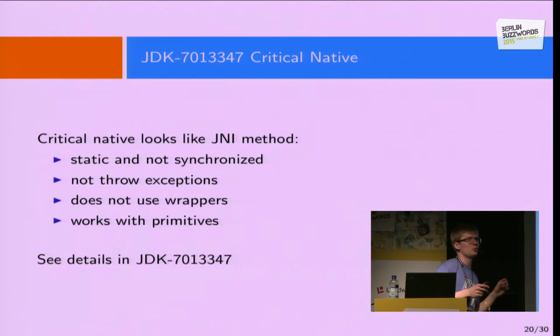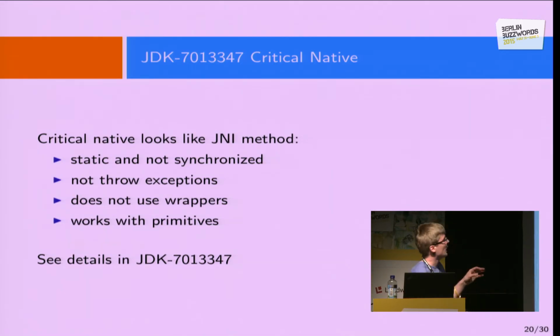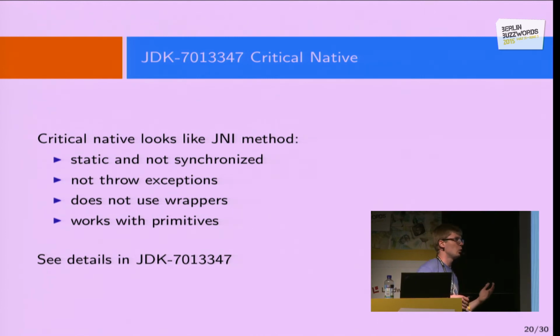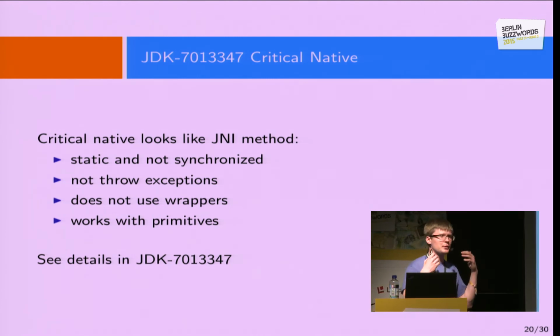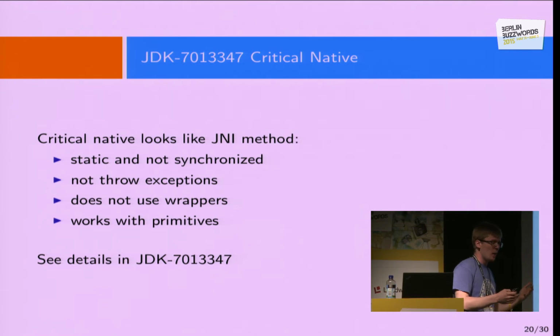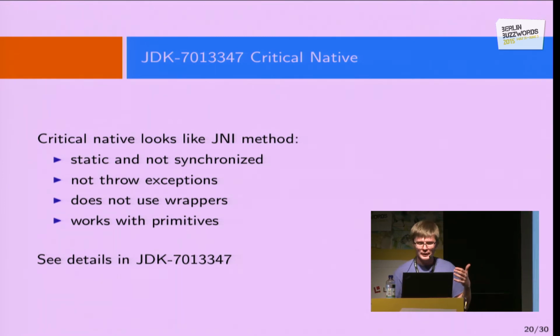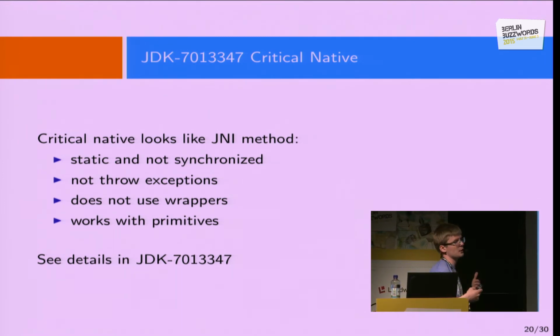This is a kind of hack. This method doesn't allow calling native routines from Java code in any new way, but it reduces the cost of a JNI method call.